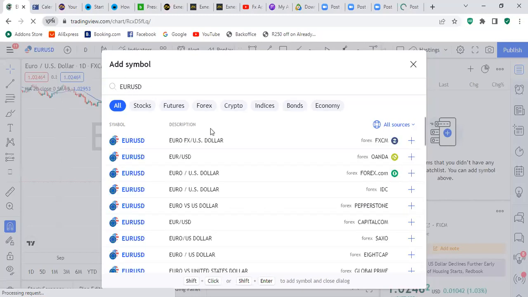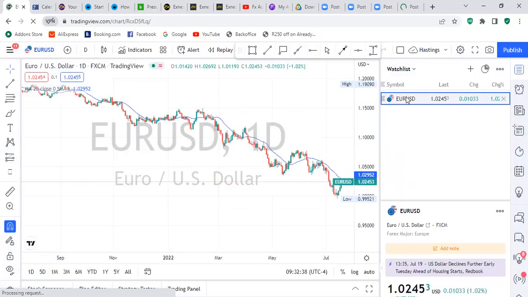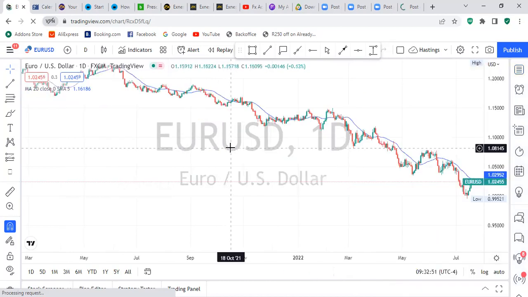And then there comes Euro USD, and these are other brokers that have got Euro USD. So you can choose any. Click on plus. There it's appearing. Once you click there, you close here. There, it is now labeled Euro USD, right?